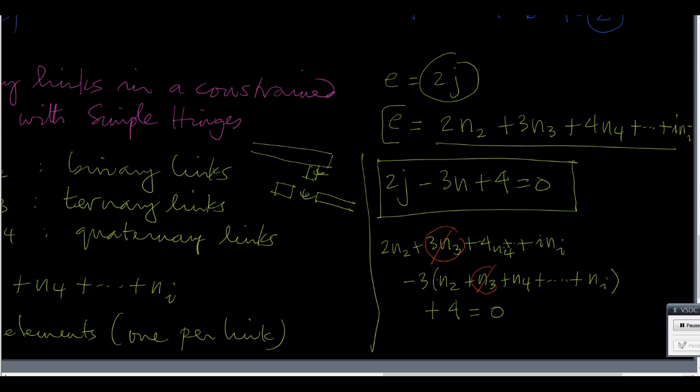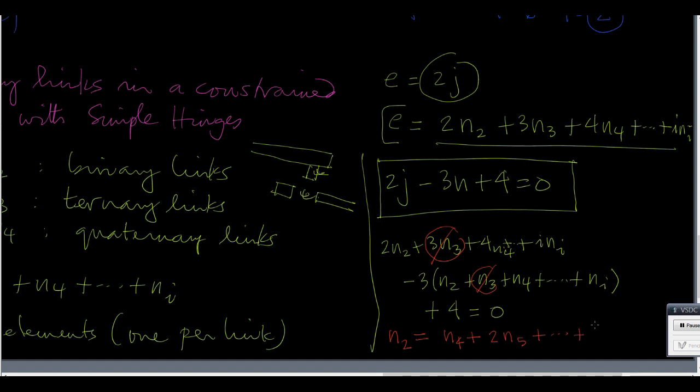This minus 3n2 and this 2n2 gives me an n2 on the right hand side, but I'm going to write it here. n2 equals, and then what do I get? I get 4n4 minus 3n4. That means n4, plus I get 5n5 minus 3n5, so 2n5, plus, right?